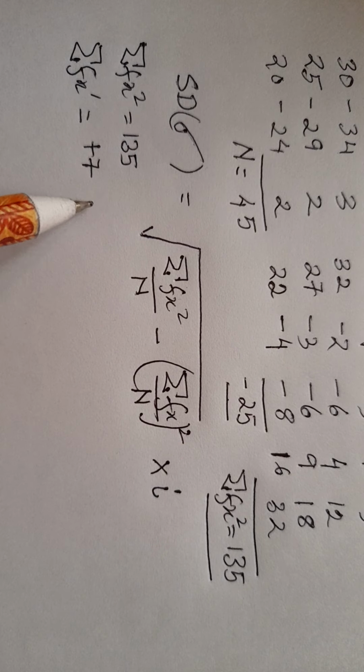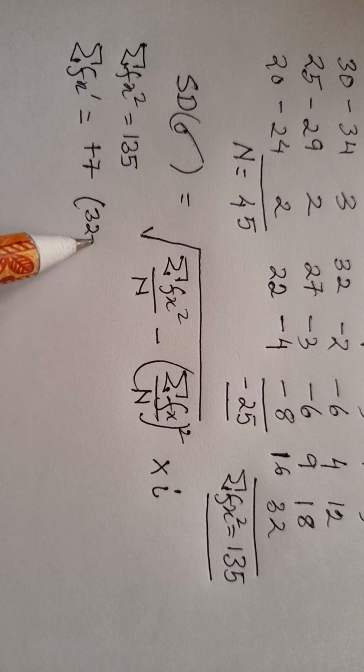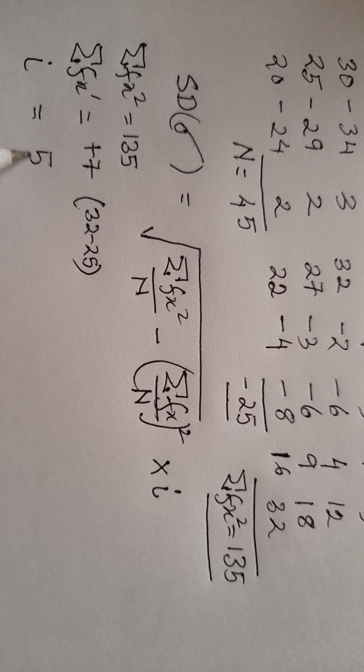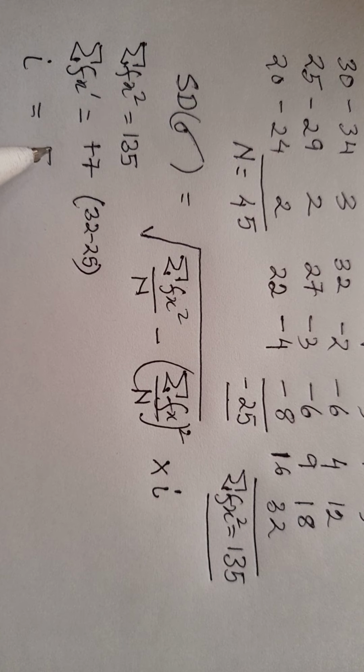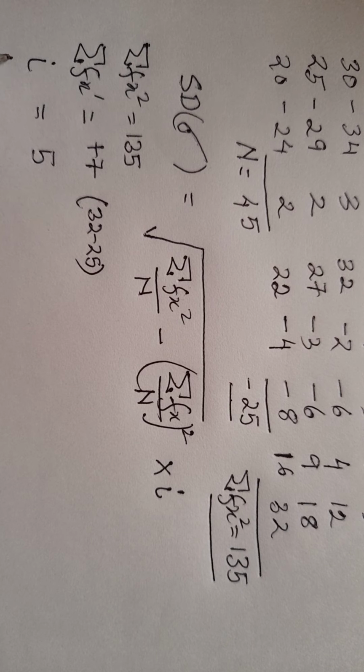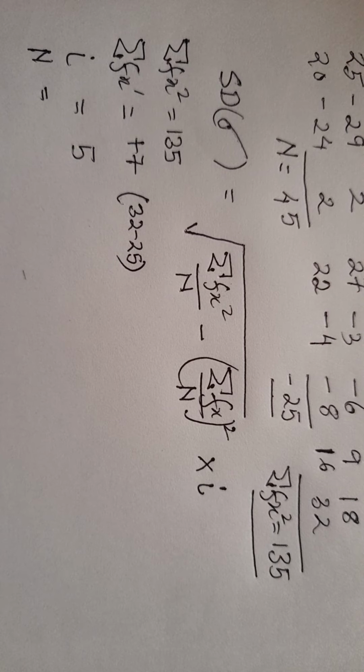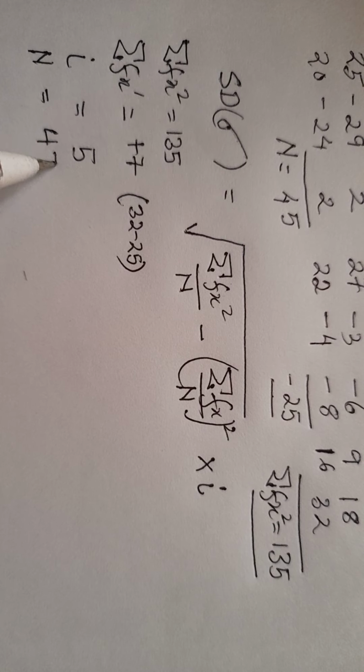We get plus 7. Now i is equal to 5 and n is equal to 45.